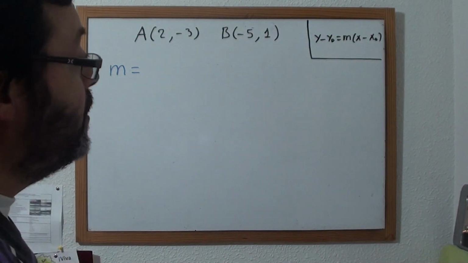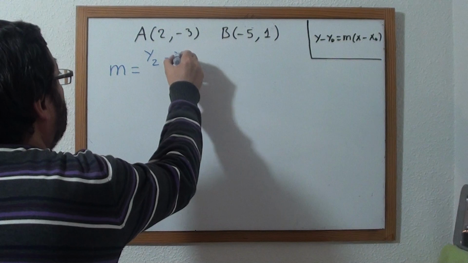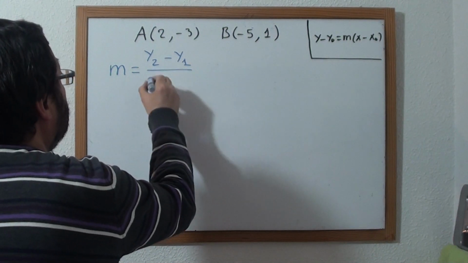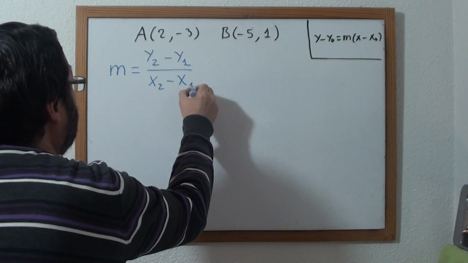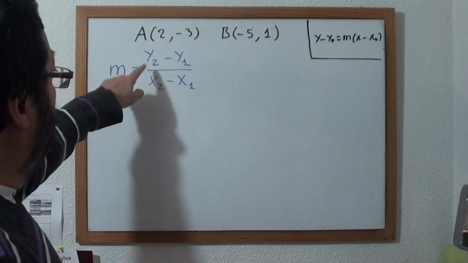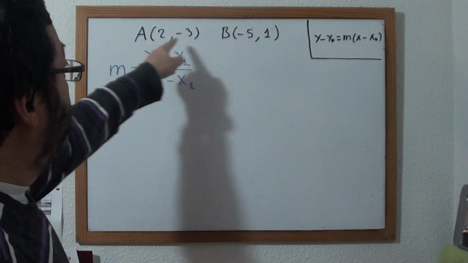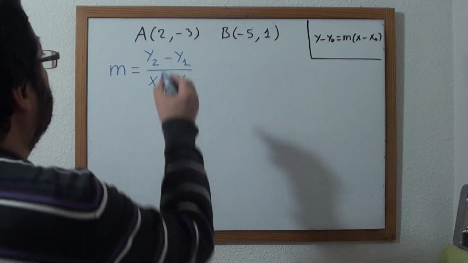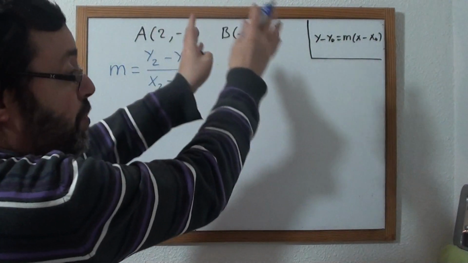And the formula for the slope, remember, it was y2 minus y1 divided by x2 minus x1. And what is the y2, y1, x2, x1? The coordinates of these points. I decide which point is 1 and which point is 2.